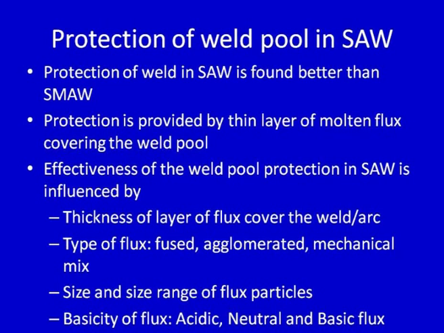Various types of fluxes are used for developing the weld by the SAW process, like fused, agglomerated, mechanical and mixed fluxes. The fused fluxes are found to be of uniform composition, and compositional changes do not take place much during storage or with size variation in the flux particles.